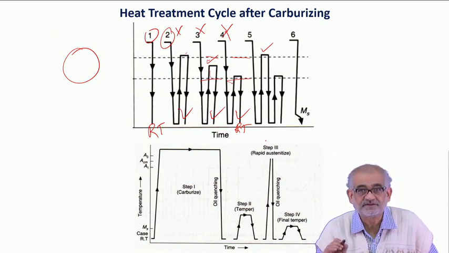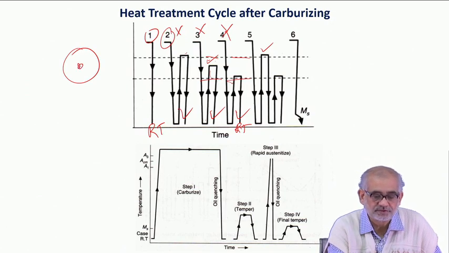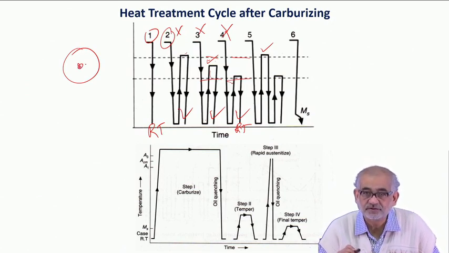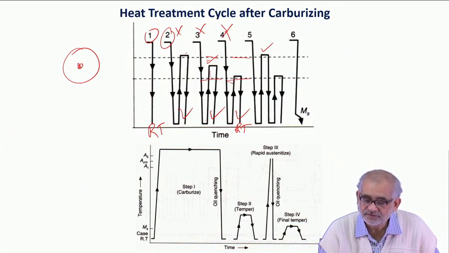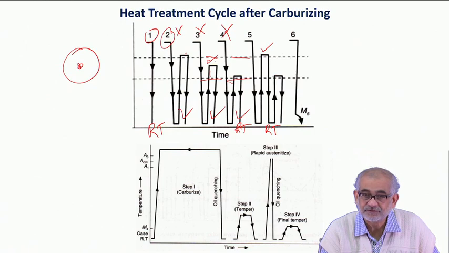We don't want to develop very high hardness at the core. So the core is not meant for very high hardness, it's only meant for providing toughness. Now we bring to room temperature and then we reheat, but we don't reheat to above AC3, we reheat only above AC1, because the microstructure here is hypereutectoid, so 0.8 and above. So this does not require heating above ACM, it requires heating only above AC1, and from just above AC1 temperature, we need to quench.